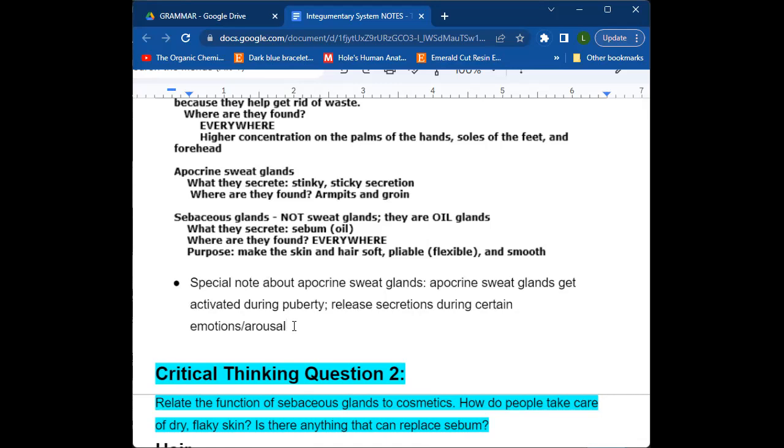Okay, then for the sebaceous glands, it's extremely important to know that those are not sweat glands. Those are actually supposed to be oil glands.